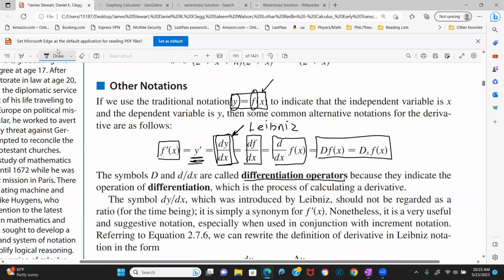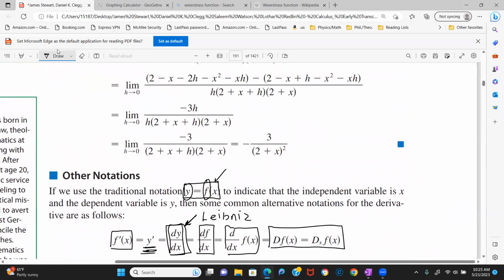As I said, we're going to deduce some rules for derivatives, and it's going to turn out that there are a lot of nice rules that are analogous to the limit ones.